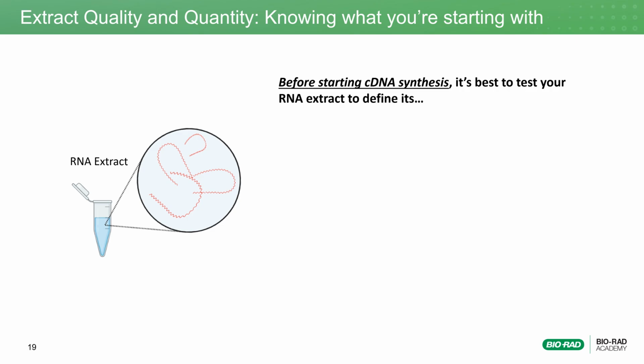Assuming that you have completed a successful RNA isolation protocol, the next step before proceeding to cDNA synthesis is to check your RNA extract to verify not only the quality, but the quantity as well. After all, it wouldn't do any good to have captured high-quality transcripts that remain too low in abundance to detect, right?